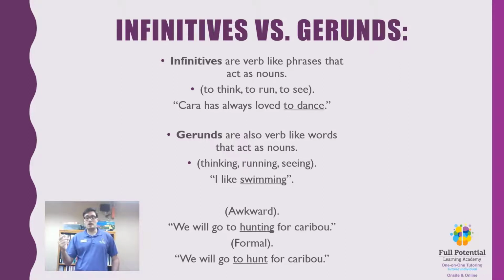That's why it's awkward to say "we will go to hunting for caribou," when it's better to say "we'll go to hunt for caribou." It's important to make these distinctions. While infinitives do a bit more than gerunds, they are both important in just picking out the best way for parallelism to work.